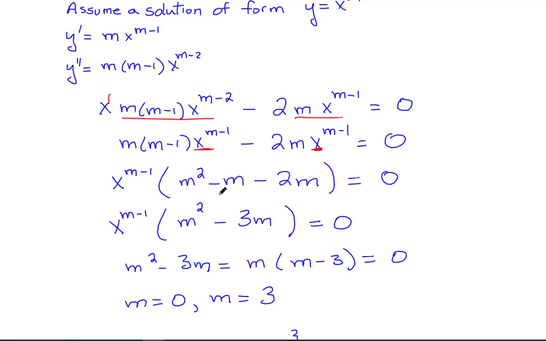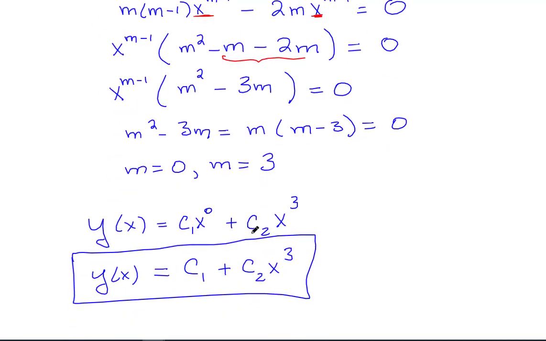I can combine like terms here, and I get m squared minus 3m equals 0. I can factor out a common m, and I get m times (m minus 3) is 0, and so I get m is 0 and 3.